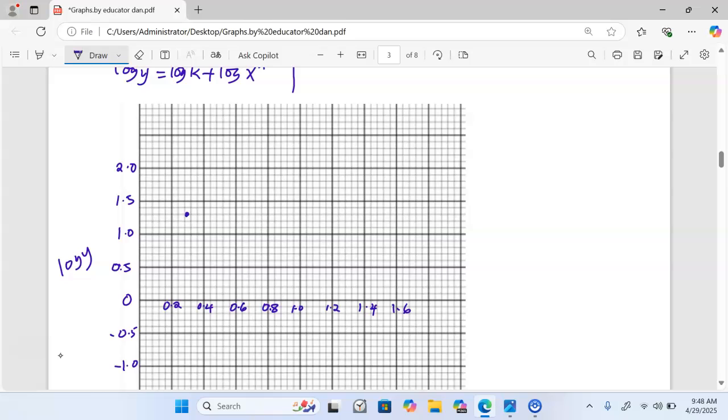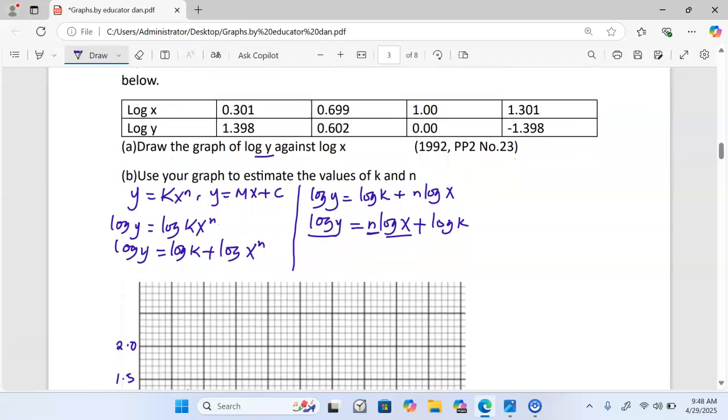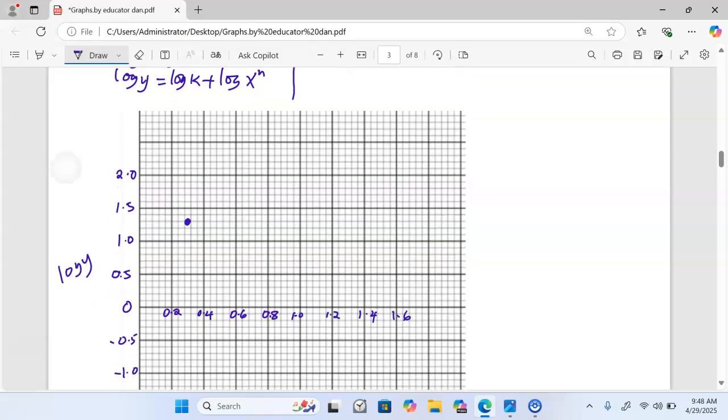So we have our first value here. Then when it is 0.699, which is the same as 0.7, the other one is 0.6. So 0.7 is between 0.6 and 0.8, so this one is going to be 0.6 at this point here.